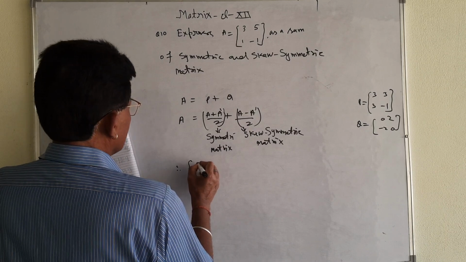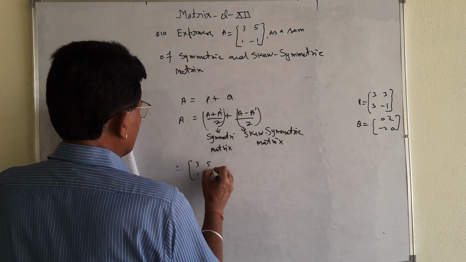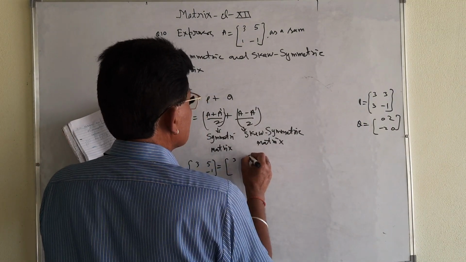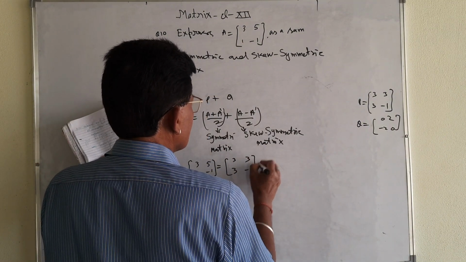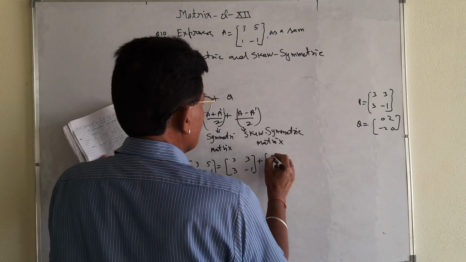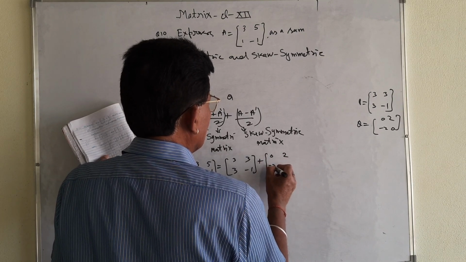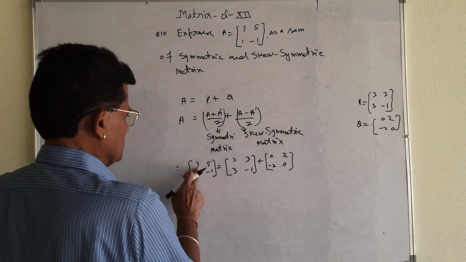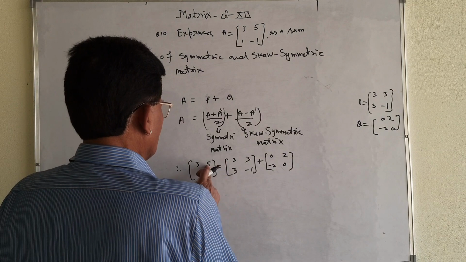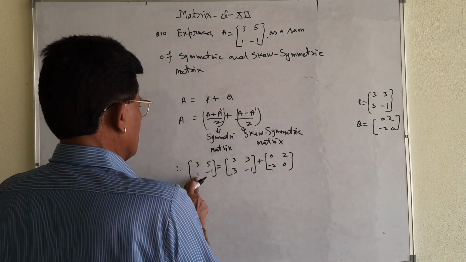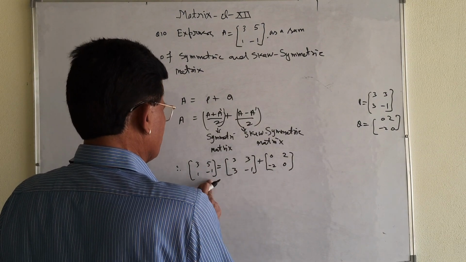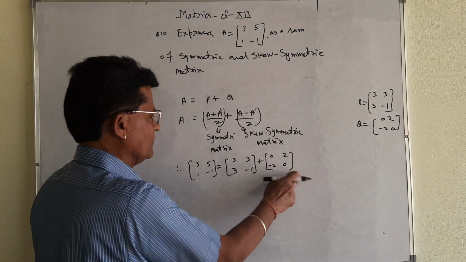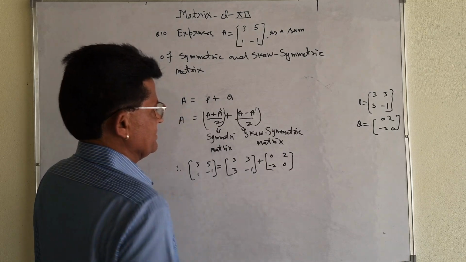The given matrix is 3, 5, 1, -1. It is equal to the sum of 3, 3, 3, -1 and 0, 2, -2, 0. I am telling you so that you will find out the solution of other questions. My dear student, 3 plus 0, first element 3. 3 plus 2, 5. 3 minus 2, 1. And -1 plus 0, -1. That is why we break this square matrix into the form of a symmetric and a skew-symmetric matrix.